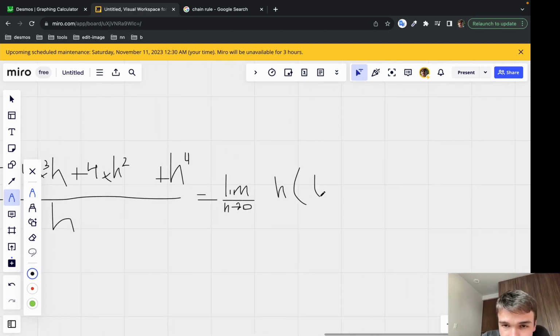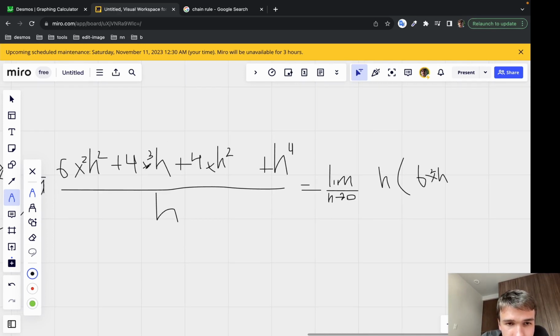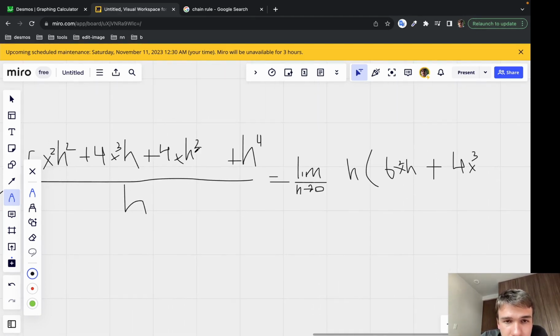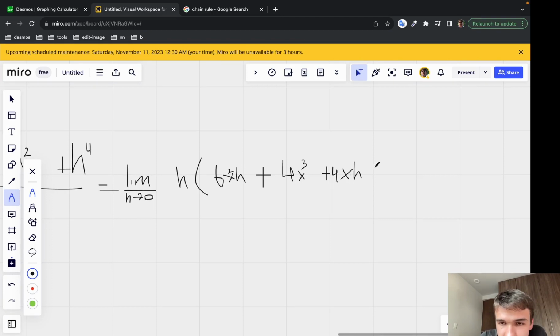Okay, 6x squared h. Now what we got from here is simply 4x cubed. So plus 4x cubed. And what we got here is plus 4xh, and then from this just plus simply h cubed.